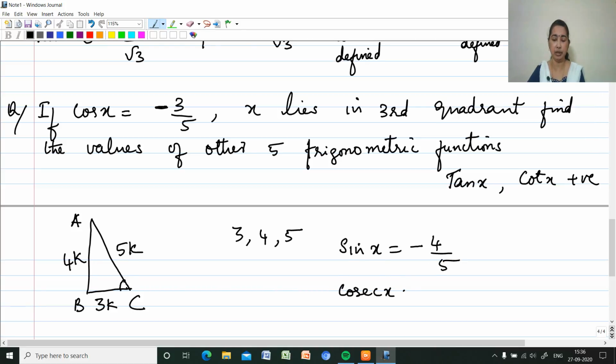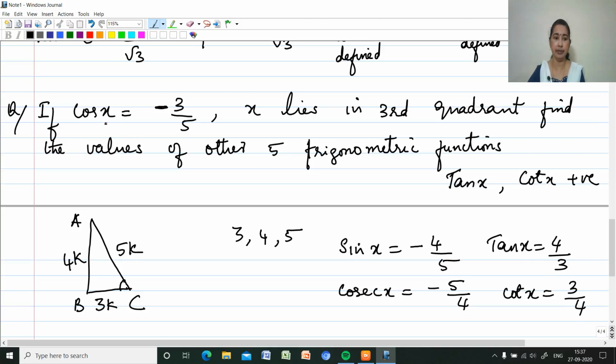Just the reciprocal of this, that is minus 5 by 4. And what is tan x? Tan x is sin x by cos x, or you can write from the triangle itself opposite by adjacent. Opposite is 4k, adjacent is 3k. So, tan x is equal to 4 by 3, it will be positive because it is coming in the third quadrant. Same way cot x will be 3 by 4.